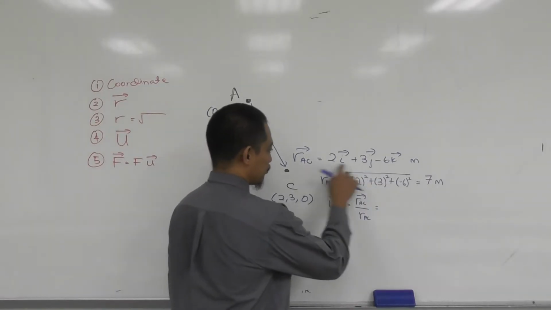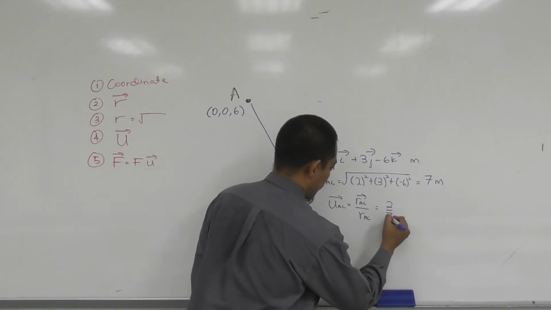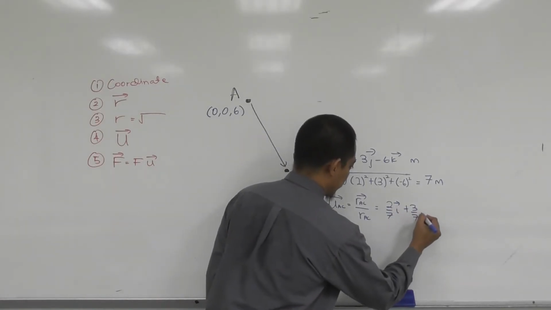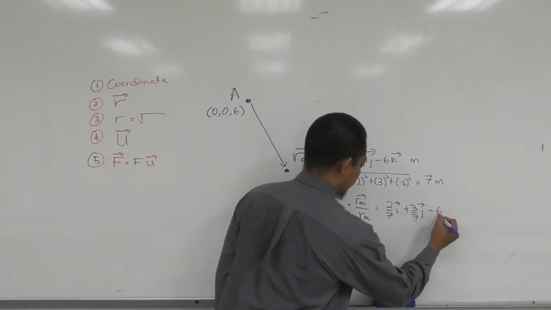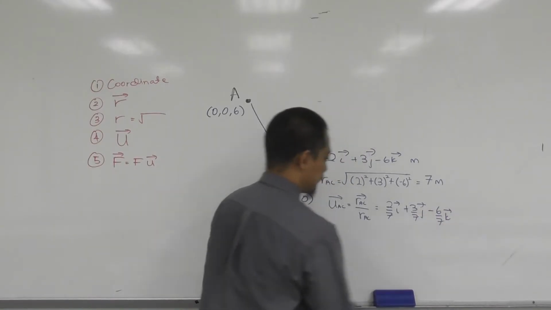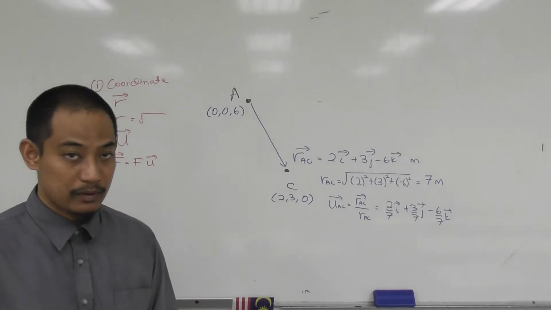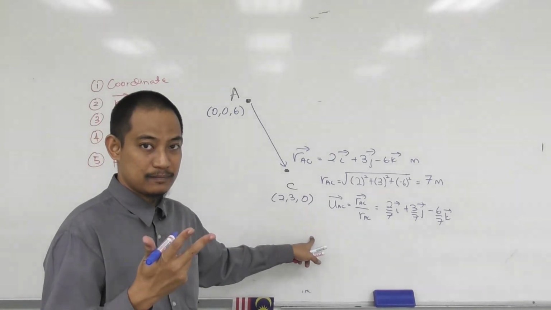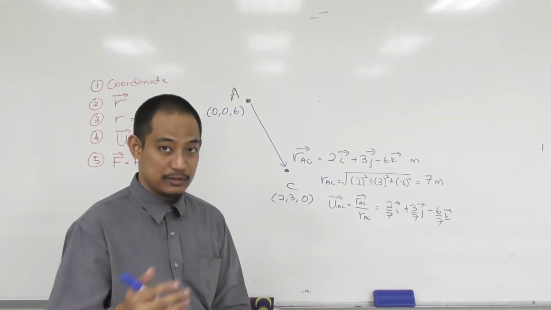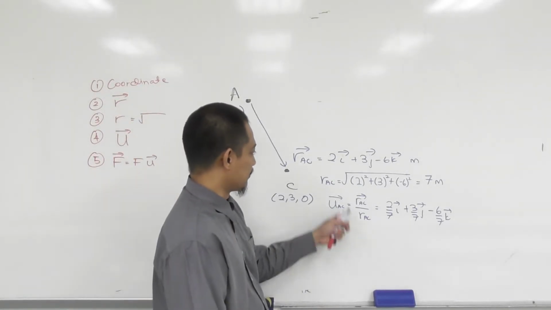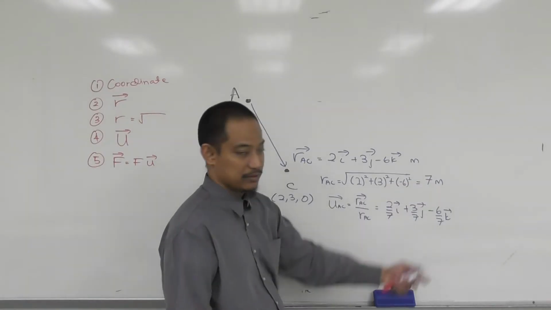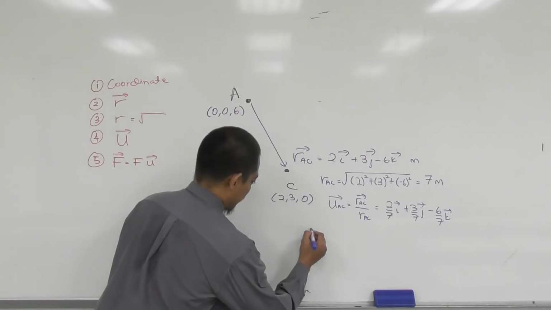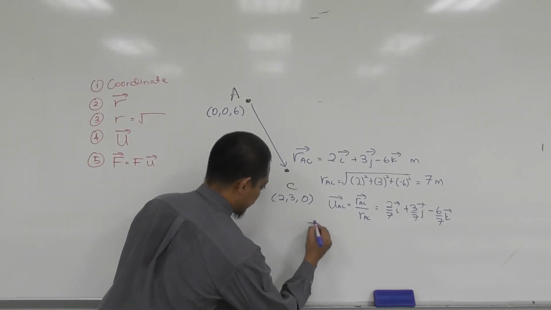So what we get is 2 over 7i plus 3 over 7j minus 6 over 7k. Right? What's the unit? Alright, you should know it doesn't have any unit. Why? Because if you have meter divided by meter, you don't have any unit. Right? It's dimensionless.